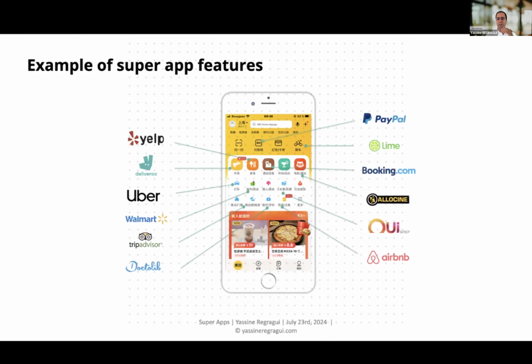And here the example of Meituan. You can see this app from China that includes several services, and these services can be compared with some services we have in the West. For example, Deliveroo, for example, Uber, for example, Walmart, etc. So it's really a collection of different services, and the user is looking for one single platform to use all those services.